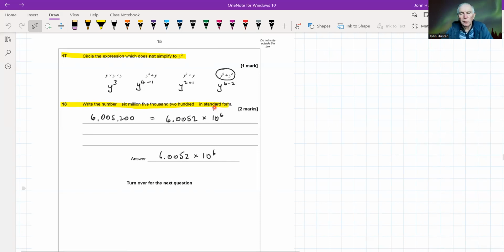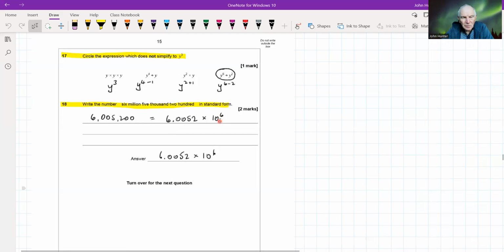Now, in standard form means we want to write it in the form where the first part is going to be between 1 and, well, I suppose 9.9 recurring, really. That's the range that we're looking for. So that's fine. 6.0052 times 10 to the power of 6.